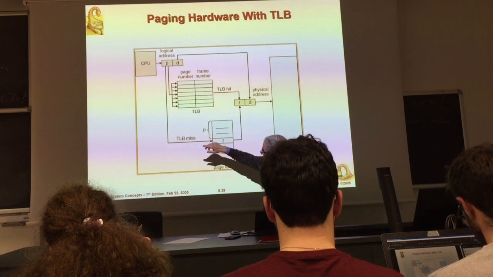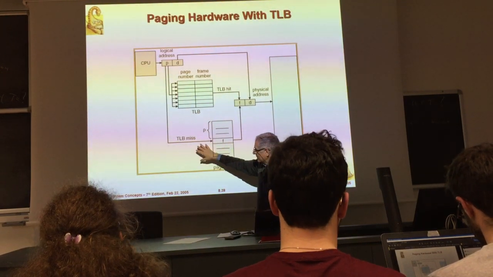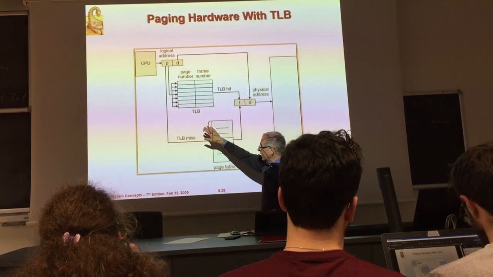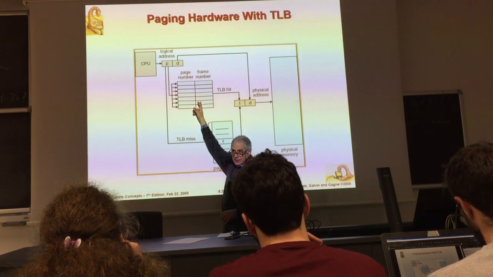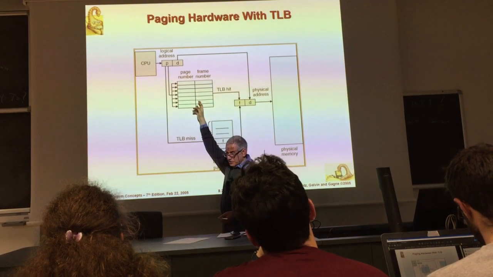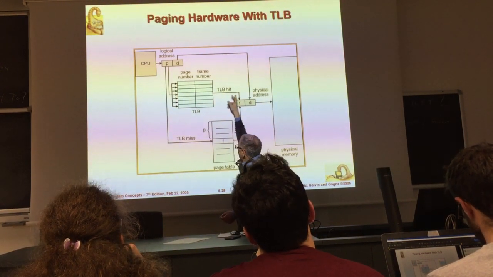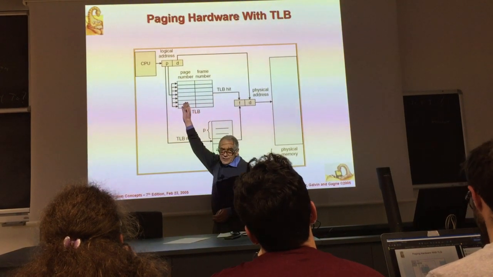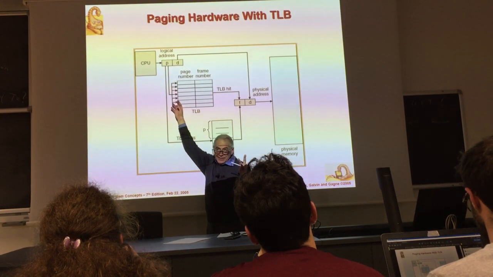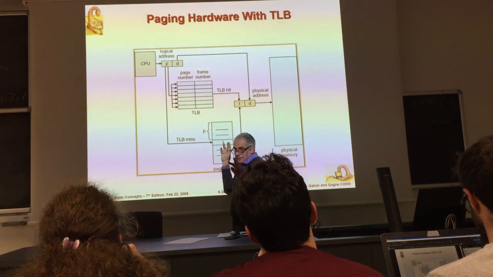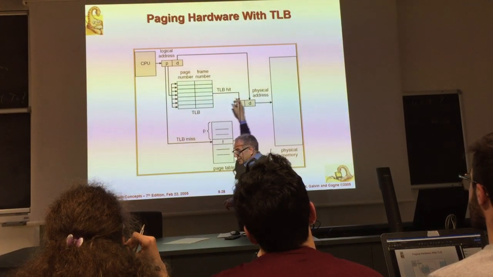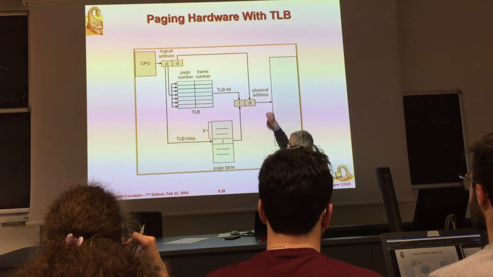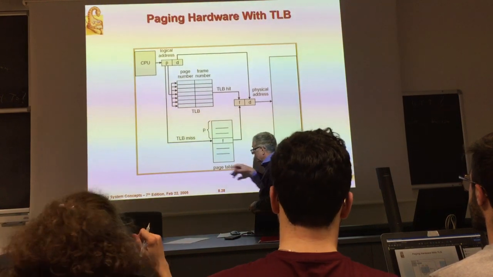Okay, so by hardware, the translation is done in this way. Check if the page is here, the key is here, and get immediately the frame number. Otherwise, you have overhead because you must read the page table. This updates the TLB and you read the offset here.